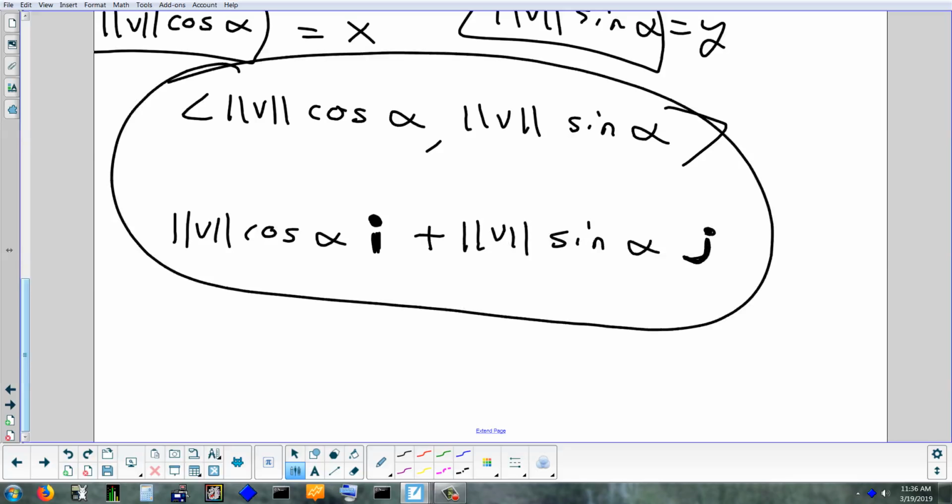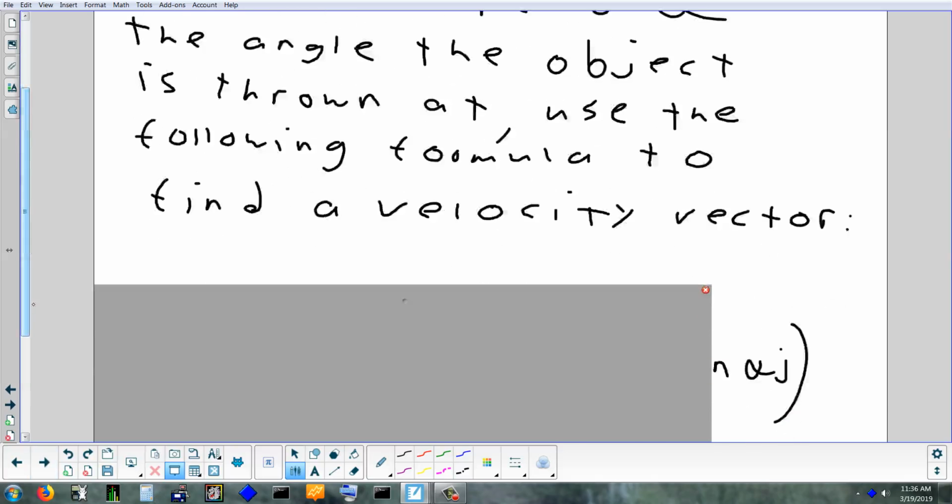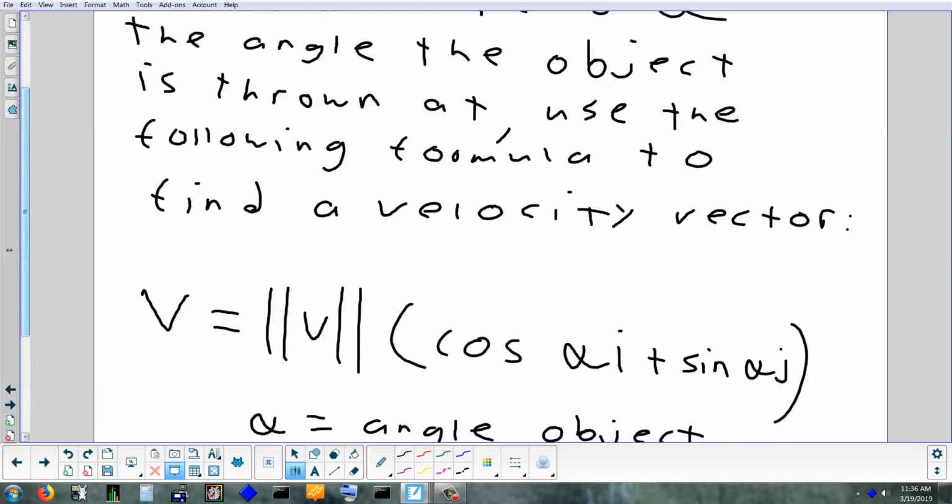Same formula, just two different ways to write it. So by writing it out using sine and cosine, you've broken the vector apart into its components, the horizontal and the vertical.